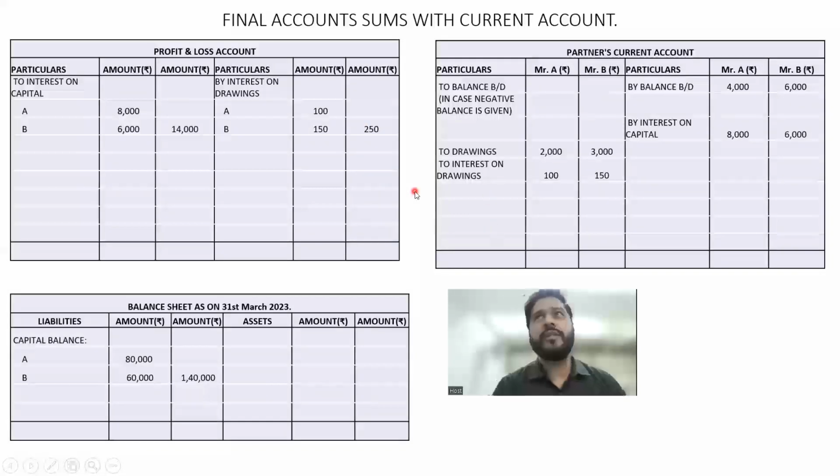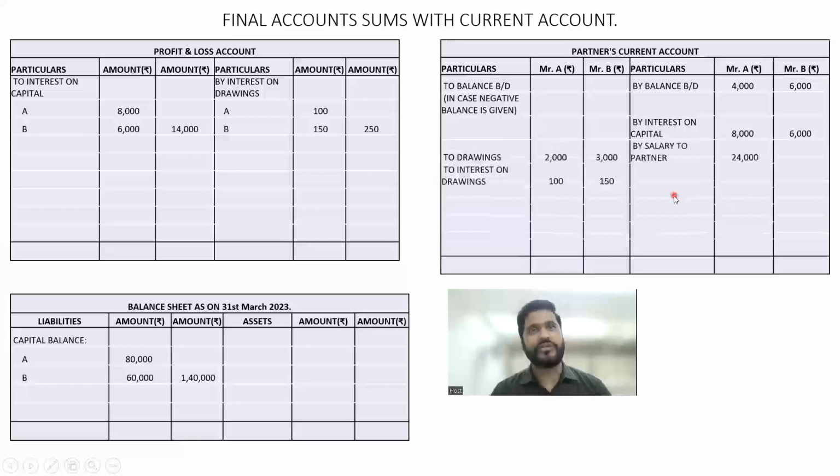Sometimes the question gives us adjustments like salary to partner or commission to partner. In that case, salary to partner or commission always comes on the credit side of the current account. So salary to Mr. A is shown on A's current account, but which side? Credit side.